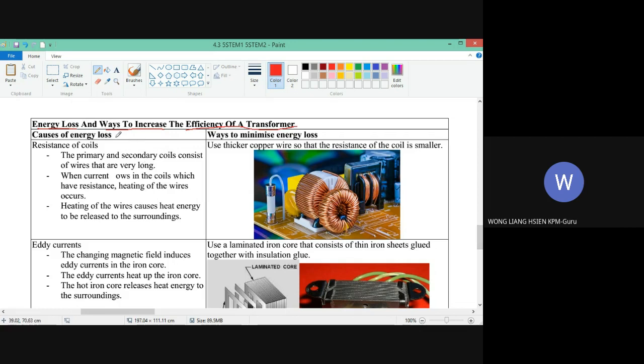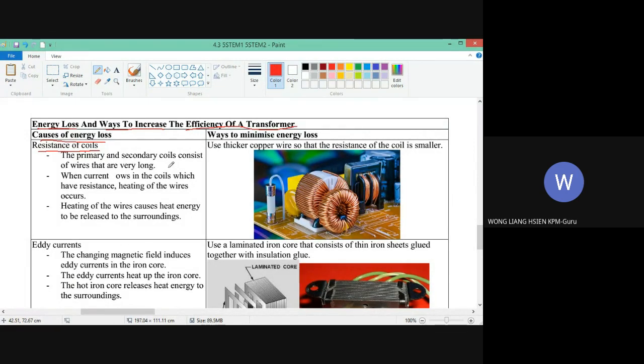Okay, so let's look at the first one. The first cause of energy loss is the resistance of the coil. It is very straightforward. We know that the wire, the coil, has resistance. So when the charge wants to flow through the coil, the charge has to do work to overcome the resistance.